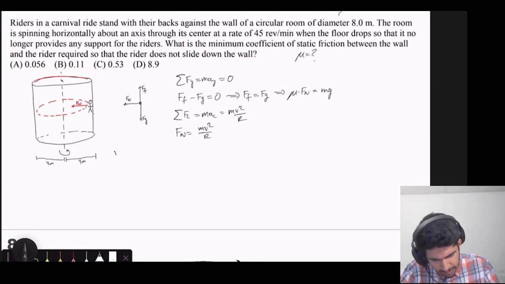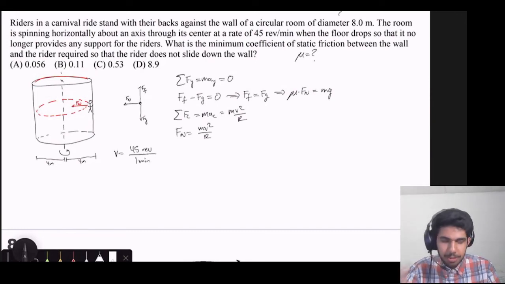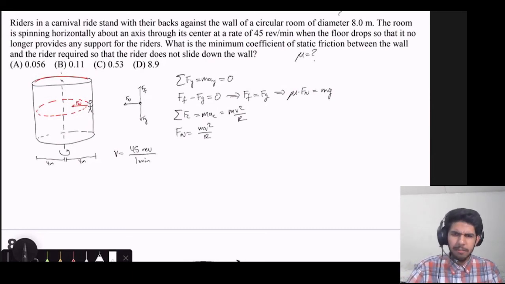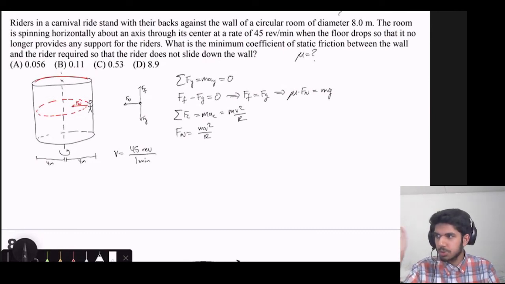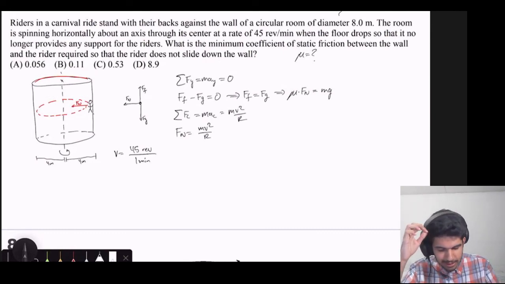We're given v is equal to 45 revolutions per 1 minute. And previously in another question, we were given revolutions per second, and we needed to convert it to meters per second. Very similar thing here. So we'll do a little bit of dimensional analysis. First, let's take care of the revolutions. So 1 revolution, we remember, is the circumference. So 2 pi r, which is 4 meters.